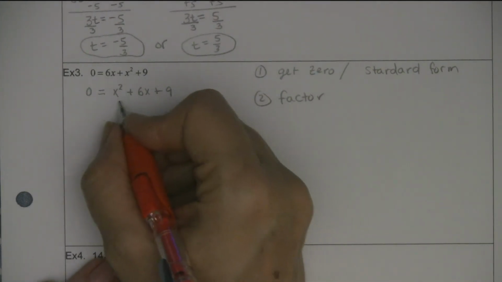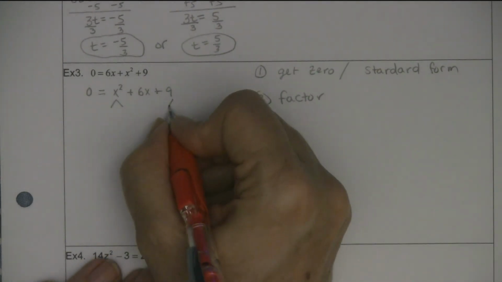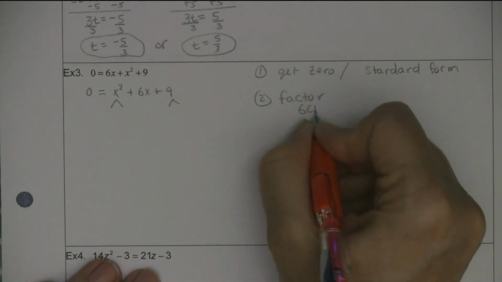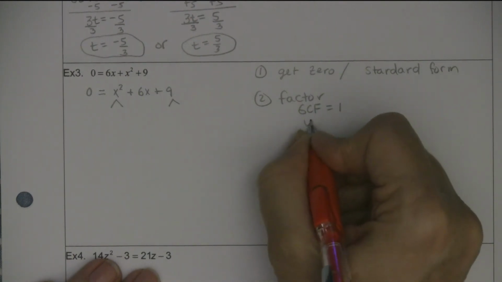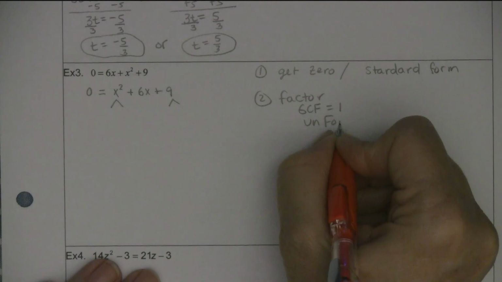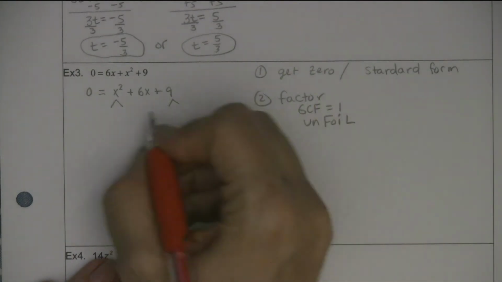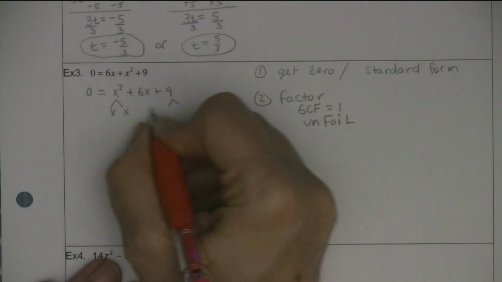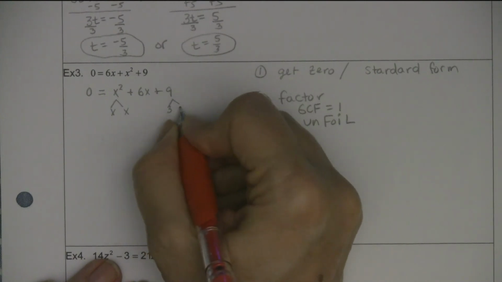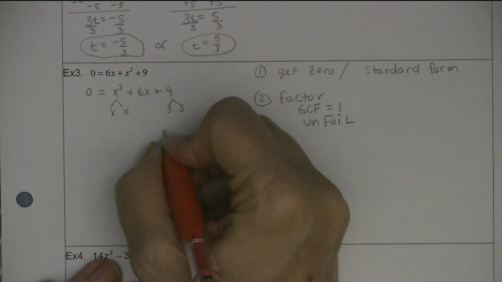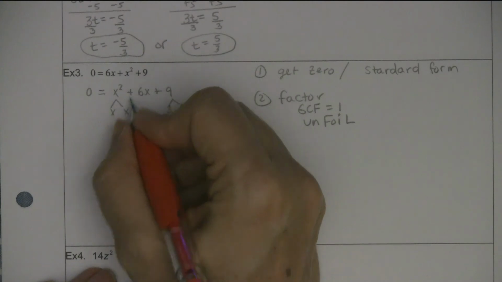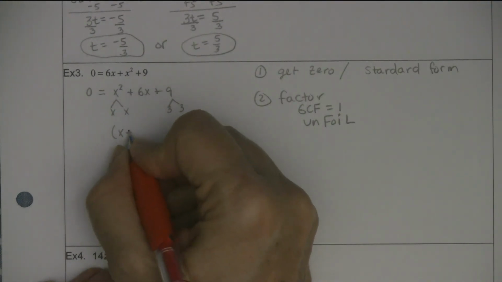This is a trinomial, and how you factor a trinomial is always, everybody, greatest common factor, which is 1. And then you unfoil because of the size. Size matters on factoring. 9 could be 3 times 3. Those add to be 6, and they're both positive. So this is x plus 3.